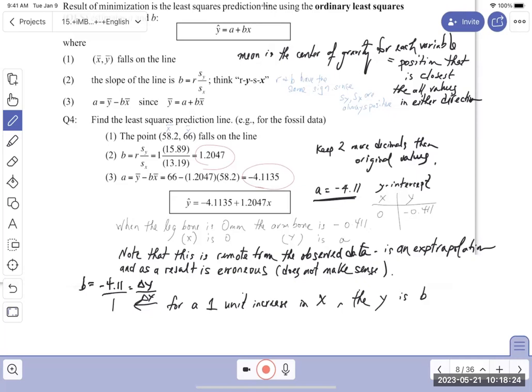So that's what we got to fill in. So for a 1 millimeter increase in femur, the humerus is negative.